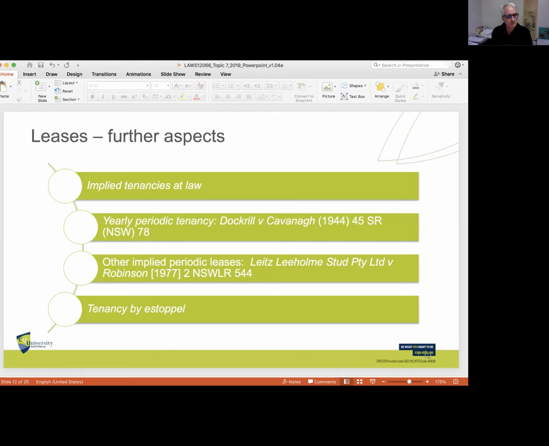Basically the point here is that estoppel won't allow a party to resile from undertakings that have been made where it would be unconscionable to do so. The Walton Stores and Marr case is a classic scenario of that, and you've covered that both previously with me and in other units of study. So be aware of that.